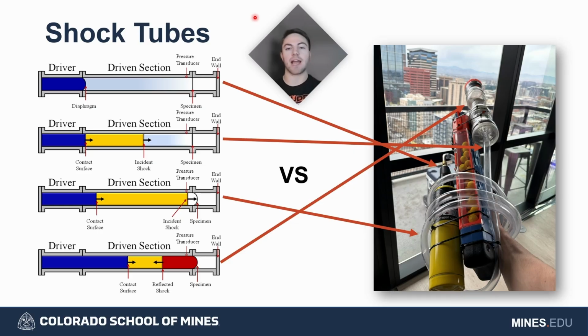So there's a lot of data and a lot of models out there that we can pull to try to validate our model. First off, you have your igniter and your driven section. This is where the gas is, and this is where your igniter is, and that corresponds to this driving section of the shock tube. The driven section would be this entire tube, and arguably getting into this first combustion chamber here. So that's where the flame's going to propagate through.